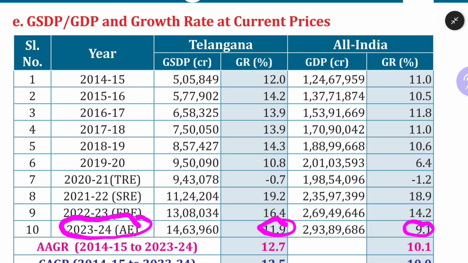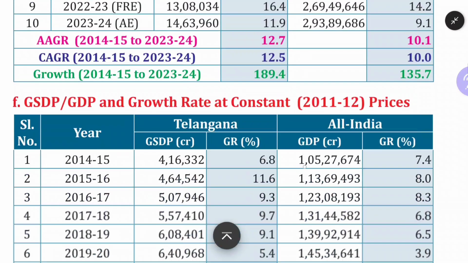This question was also asked in the Group 1 examination, comparing with India. Then the annual average growth rate of Telangana from 2014-15 to 2023-24 is 12.7%, whereas for India it is 10.1%. So in both the latest year and the average growth rate, Telangana is doing far better than the all-India average.